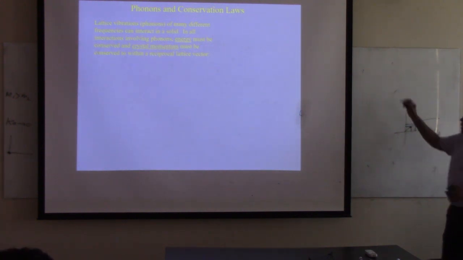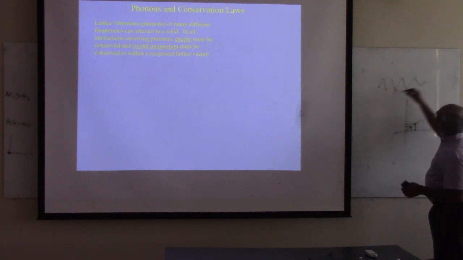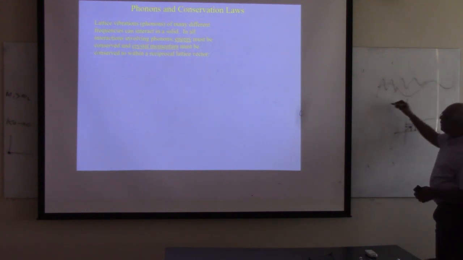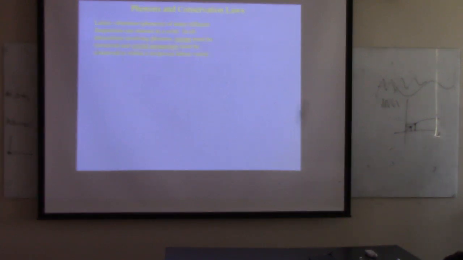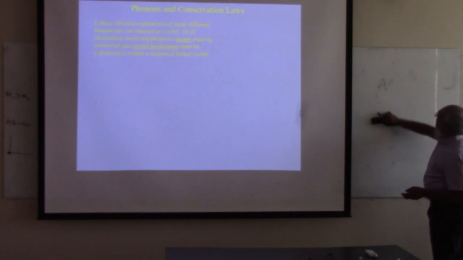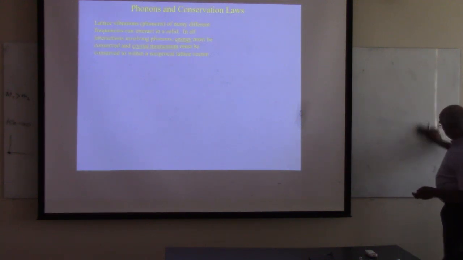You can have one wave like this, another wave like this, and another wave like this, right? So there are several phonons. These phonons can interact with each other. They can collide with each other. If that happens, these phonons should still obey the conservation of momentum and conservation of energy.